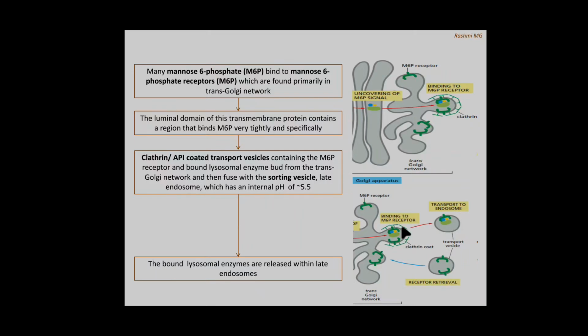So for transport to the endosome, these are known as transport vesicles. Clathrin coat, you can see here the green one, it is a clathrin coat. The bound lysosomal enzymes are released within the late endosomes.